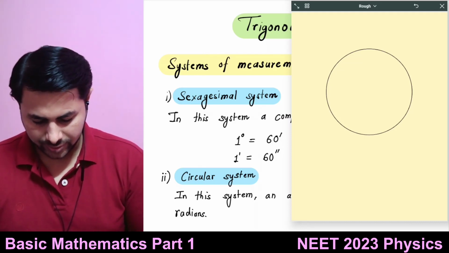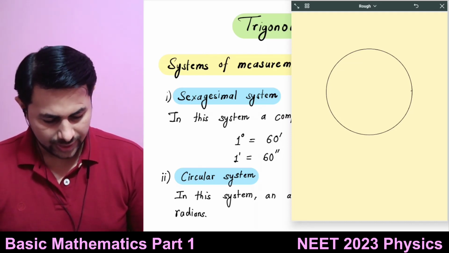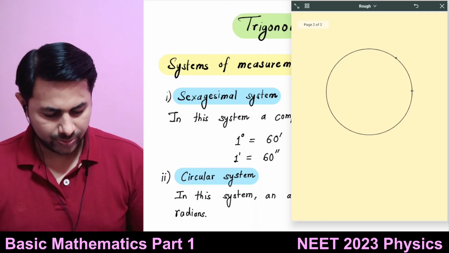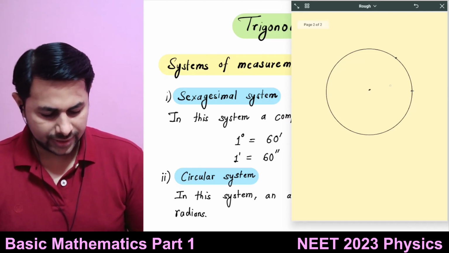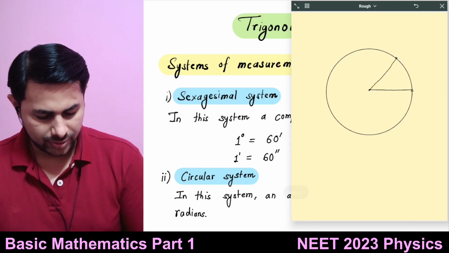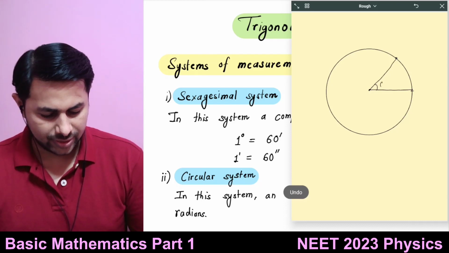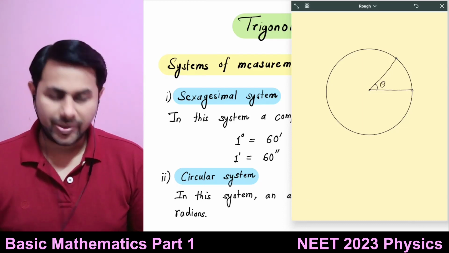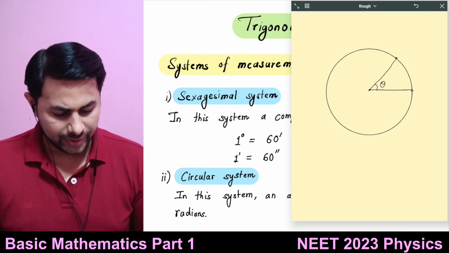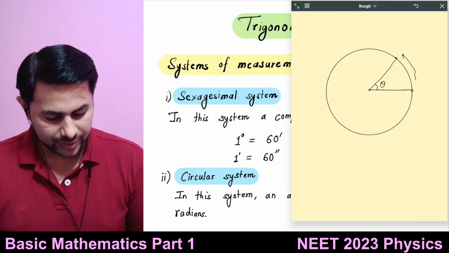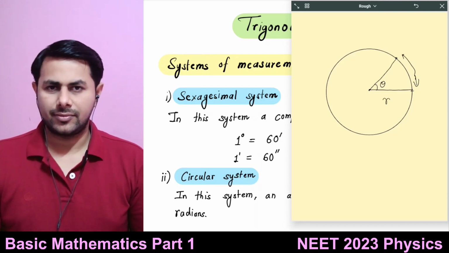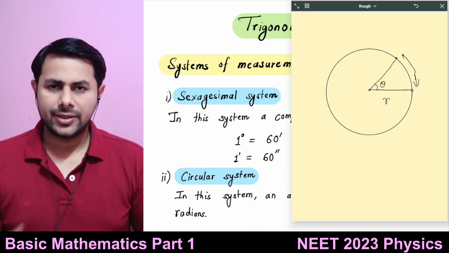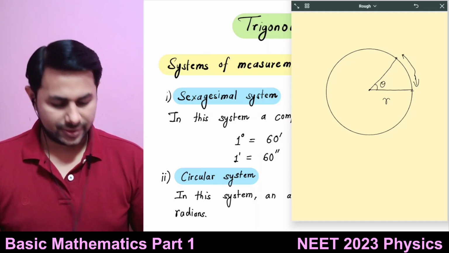If I take an arc from this point to this point, it will subtend some angle at the center of the circle. So how do we define this angle in the circular system? It is the length of this arc divided by the radius, so it is in multiples of radius.